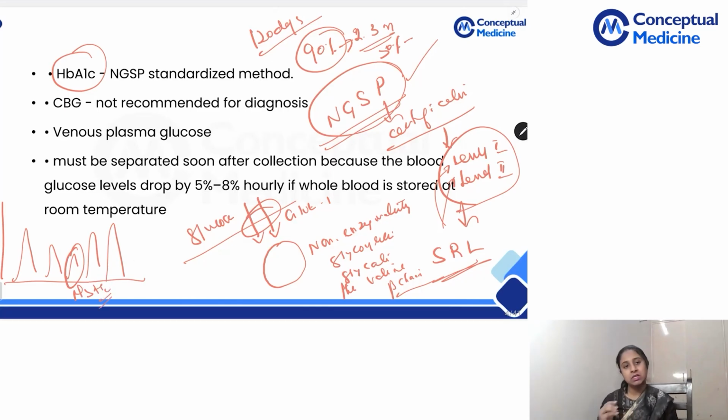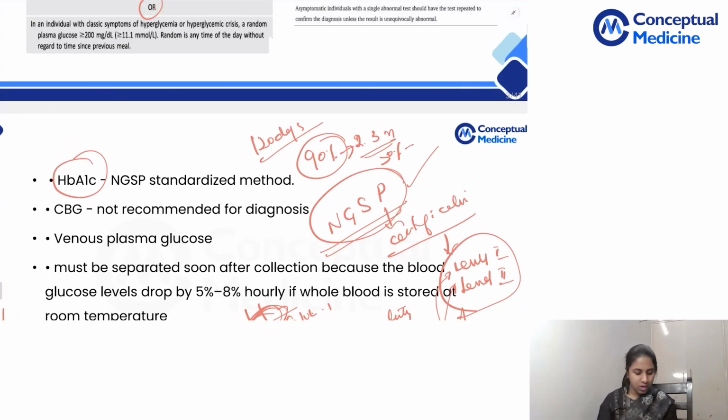So whenever there is a problem with this GLUT1 channel, or whenever there is a problem with that particular beta chain valine residue, like that can happen in HbF varieties, in thalassemia varieties and all, when the hemoglobin molecule per se is distorted, HbA1c would be altered and it will not be reliable. In such situation, you will have to look into the fructosamine. Okay, so that will give you an idea.